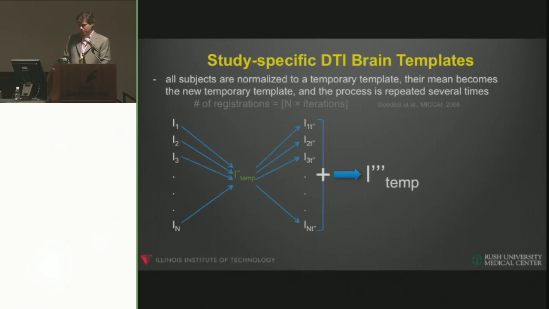And in the end, after several iterations, you just pick the last template as the template to use. So this generates a very good template. And you only need n times the number of iterations registrations. So it's faster than the previous approach, and it generates quite a good template. So for that reason, it's recommended.